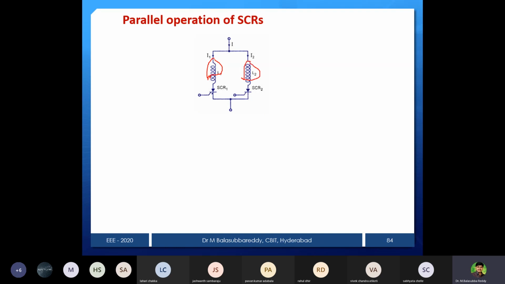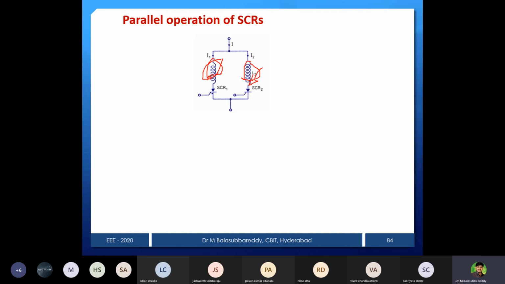In this case, we are able to make the current sharing between these two SCRs equal. In any case, if one of the SCRs is trying to carry more current, then because both are mutually coupled, the other inductor will offer less impedance, and automatically the other SCR also tries to carry more current. It will balance the current sharing.